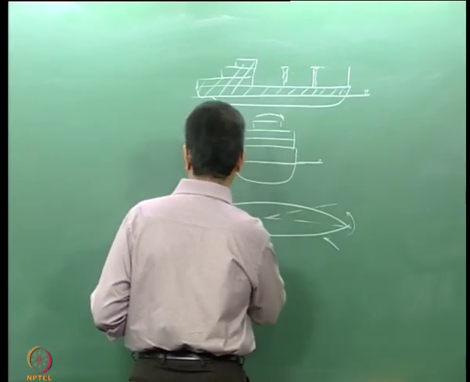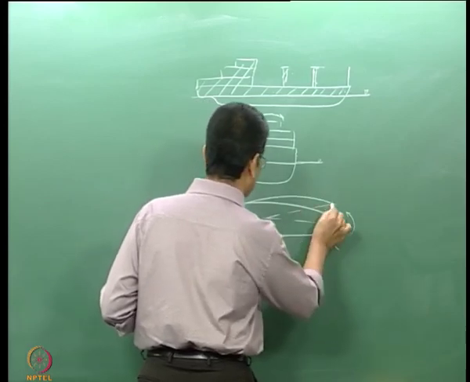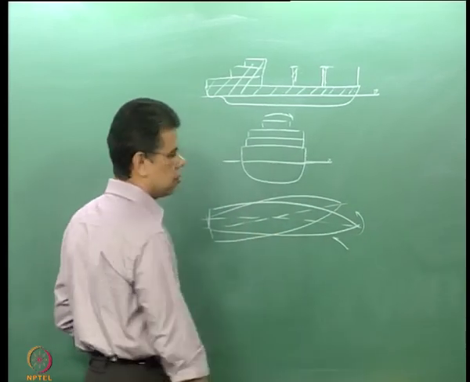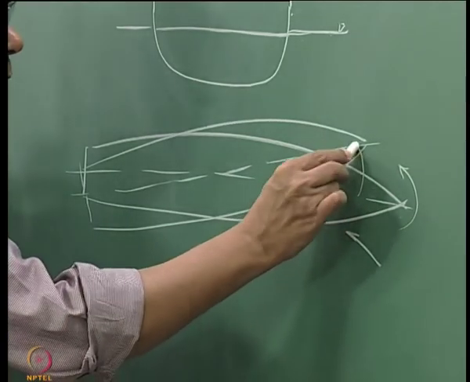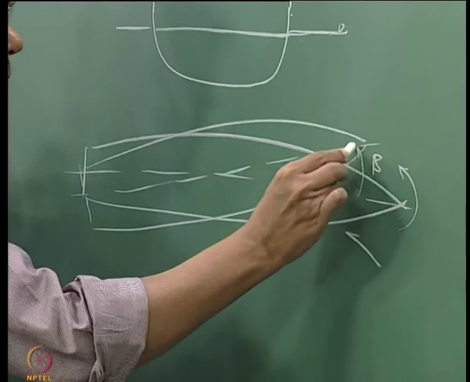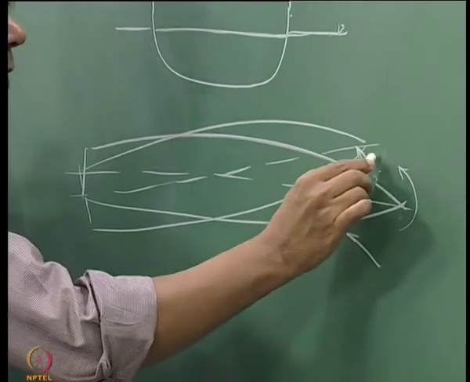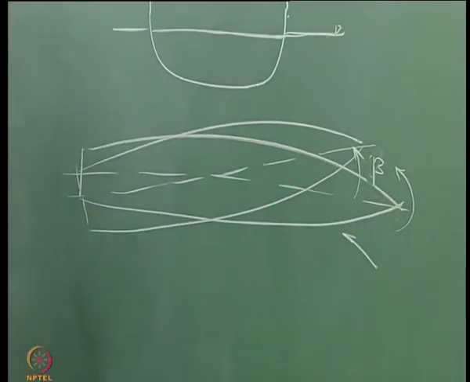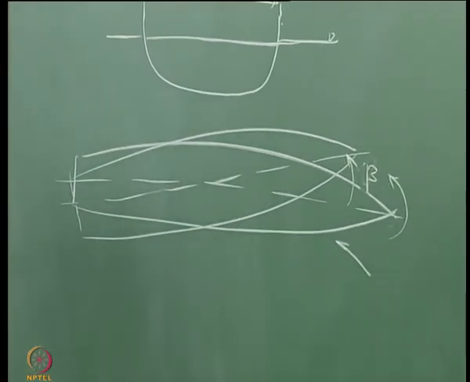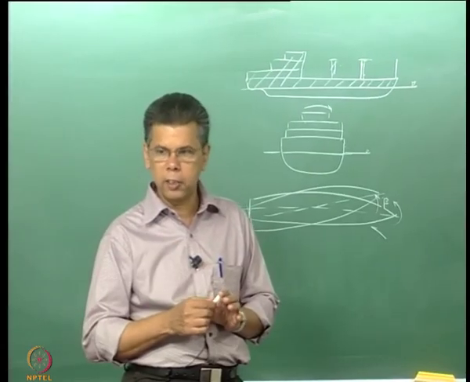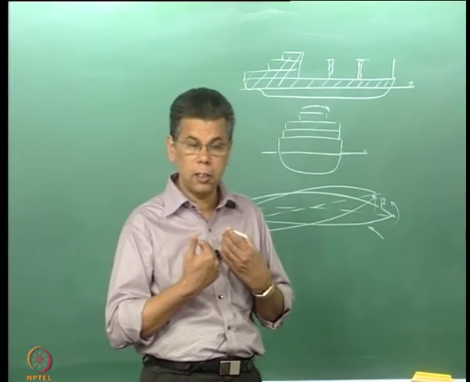The ship will turn. That means a drift angle is introduced by this action. Due to the action of the wind, the ship may drift to one side and generate a drift angle.